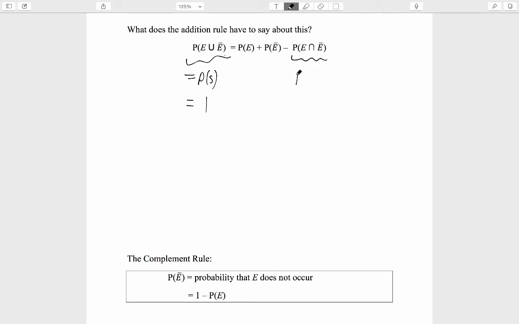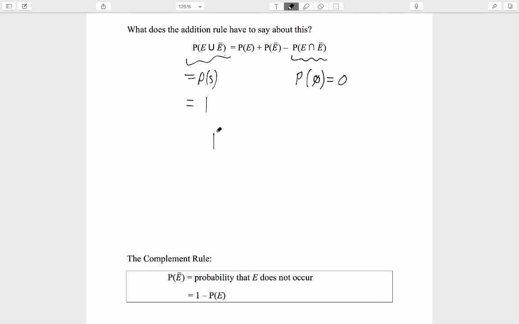But wait a minute, what is E intersect E complement? It is exactly the null set that we talked about, the null event, the empty event, the event that has no outcomes in it. It is impossible for an outcome to be in E and in not E. This is why we had to define such a crazy thing as the null event, and its probability is 0. There are no outcomes there to contribute anything to its likelihood.